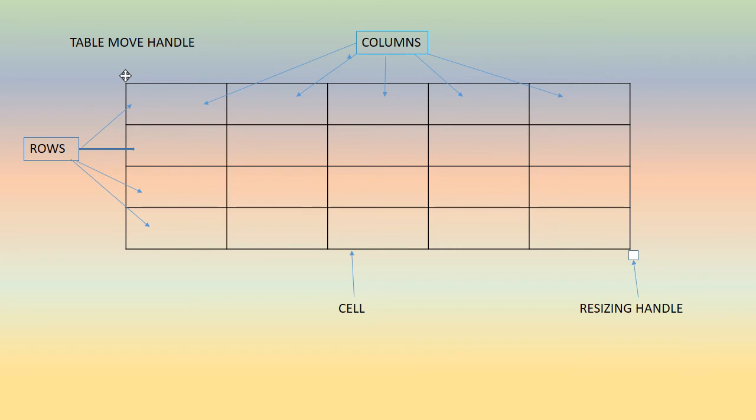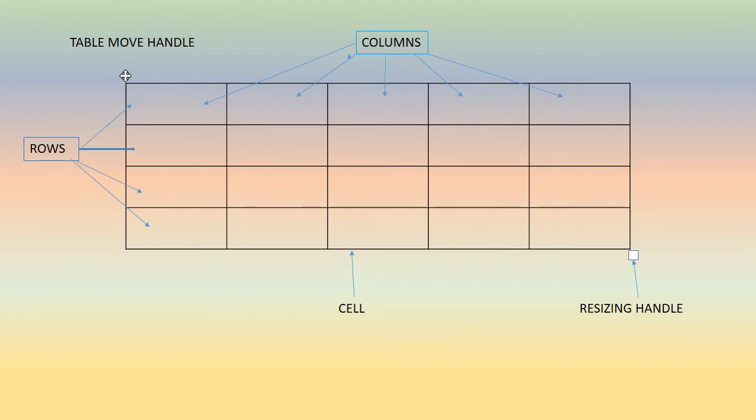You can say table is the combination of number of cells, rows are the combination of cells horizontally, and columns are the collection of cells in the vertical form. And table is the combination of rows and columns, the group of cells made up by the intersection of various rows and columns.